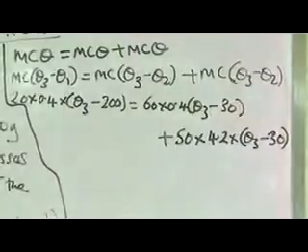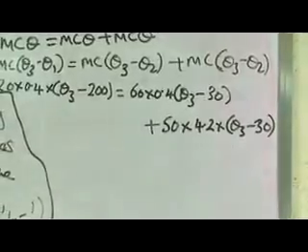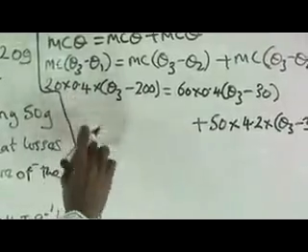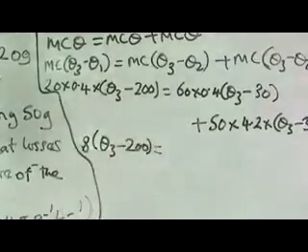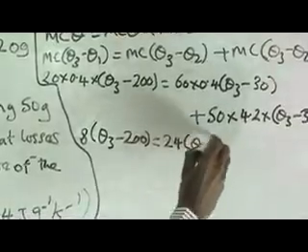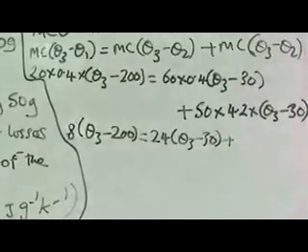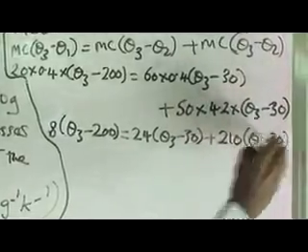So the rest is algebra. When we expand the bracket, that is when we multiply this, we have 8 into (theta 3 minus 200) equal to 24 into (theta 3 minus 30) plus 210 into (theta 3 minus 30).